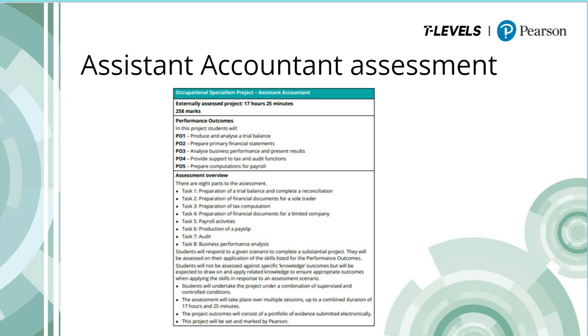So they're going to cover the whole elements of performance outcome 1 right through to performance outcome 5, which, in the workplace, some employees will do that in the industry, some will specialise in some, but what we want them to do is demonstrate that they've got competency in all the areas. And during the scenario and the activity set, they'll provide accounting, tax, audit and payroll services to the firm's clients.